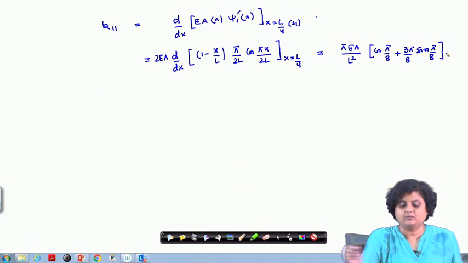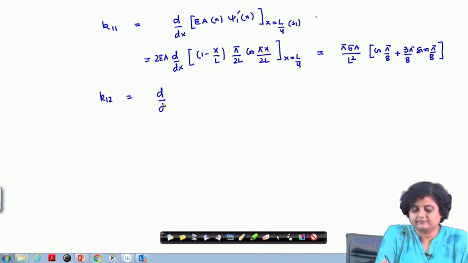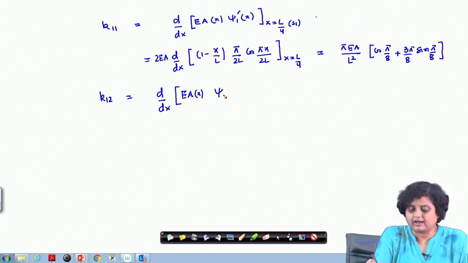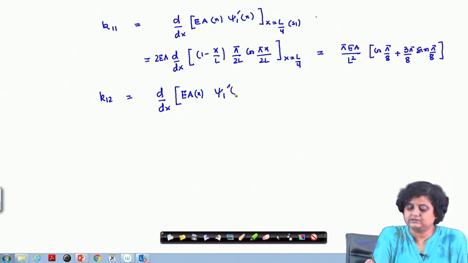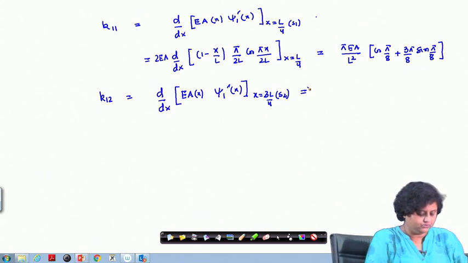This is k11. Similarly, k12 is going to be d dx of EA x psi 1 dash x at x equal to 3L by 4, which is my station point 2.